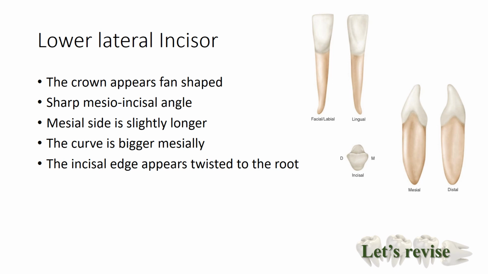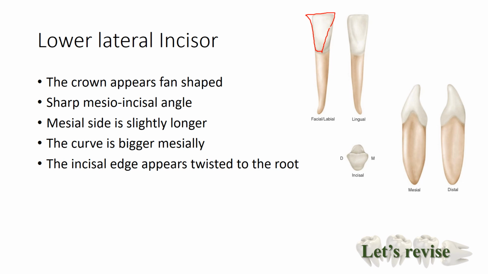When we look at the lower lateral incisor, what we refer to is that the crown is appearing a fan shape. So I kind of dodgily draw a really odd fan. So this would be our fan shape.